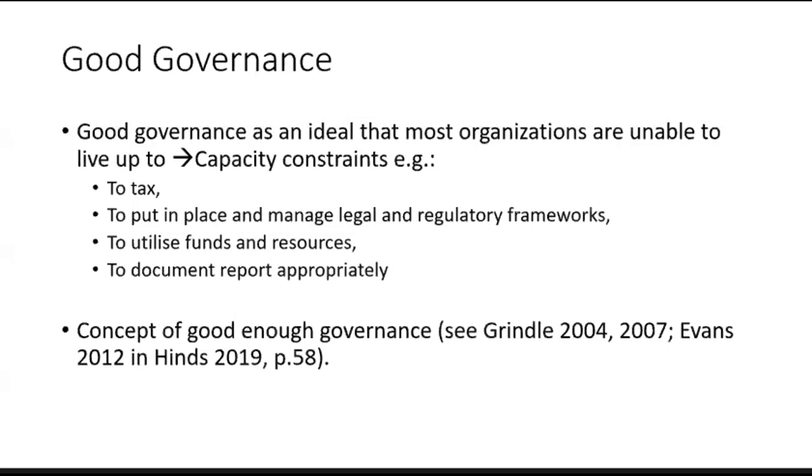And when we think about this, going back up to this first bullet point on the slide, we can think about capacity constraints that may hinder entities in their pursuit of good governance. So if we're talking about governments, for instance, sometimes their capacity limitations mean that they're unable to collect taxes effectively. This may have to do with staffing issues in the public sector.